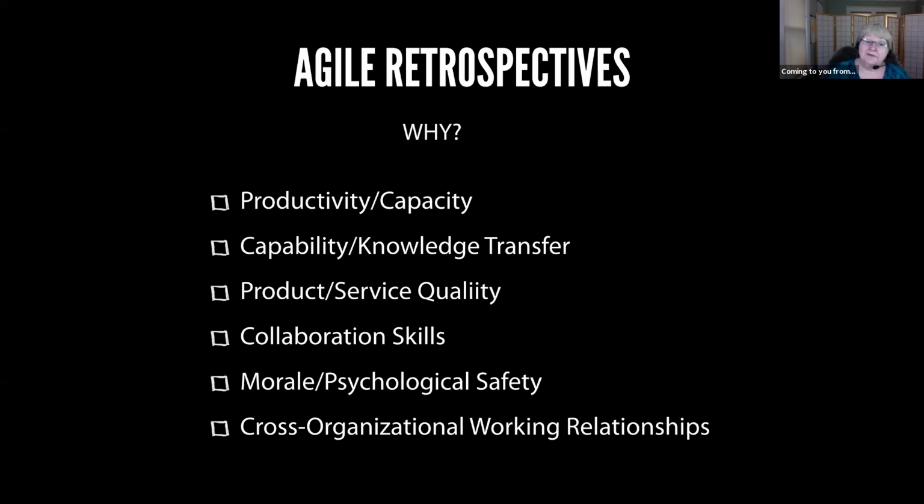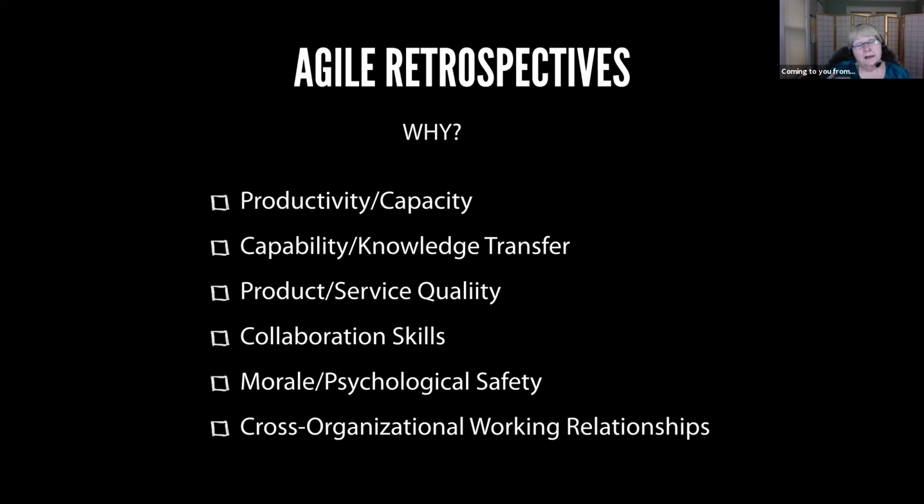And what they have found is increased productivity, increased capacity for work, increased capability and knowledge transfer between and among team members. Product and service quality is better. People have better collaboration skills that they can apply elsewhere in the organization.